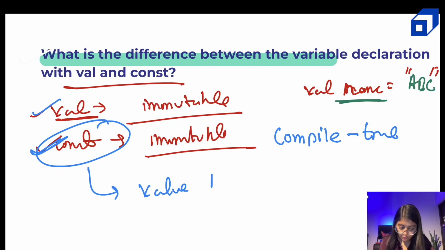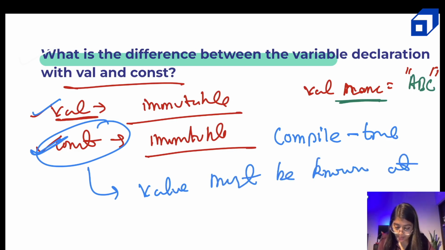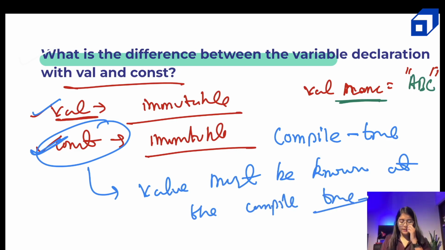But in case of val, even if you give it a value at runtime, that is also fine. It will work smoothly. So yes, that's the basic difference; both of these are immutable only.